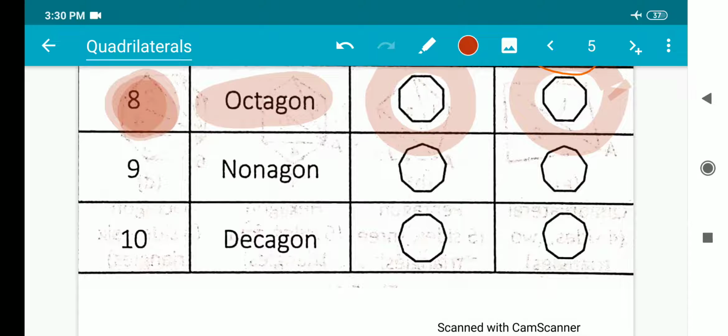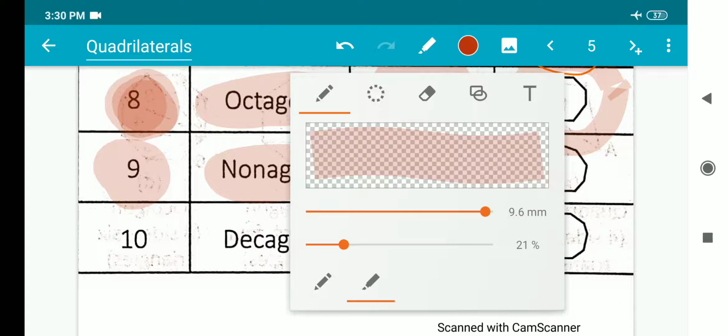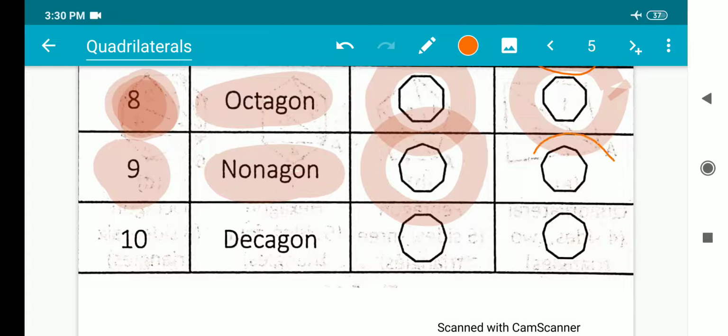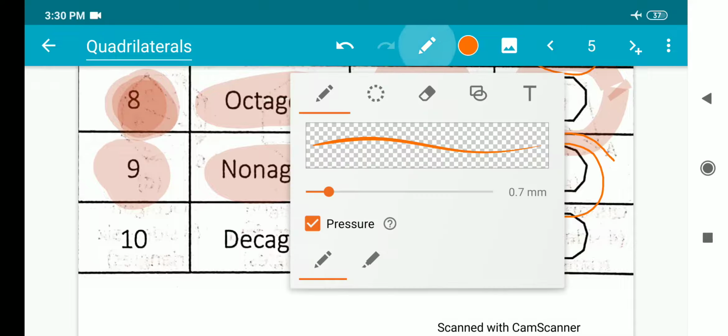The other one is the nonagon. A nonagon is a nine-sided polygon, whose nine sides are all equal in length in the regular nonagon, whereas this is called irregular because its nine sides measure different lengths.